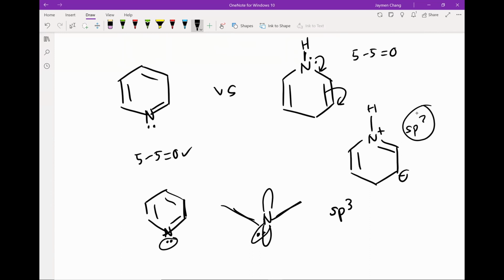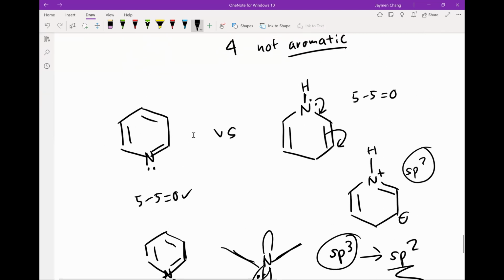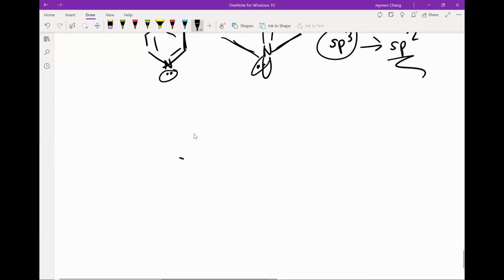Whenever we have an sp3 structure, check out if there can be resonance to make an sp2 structure. Therefore, it's actually going to be sp2. Okay, I'll go over a quick example of this. If we think about an amide, remember this functional group is called an amide, right?